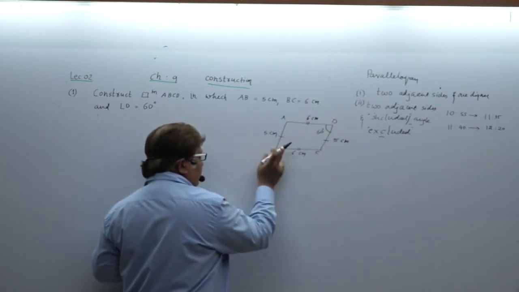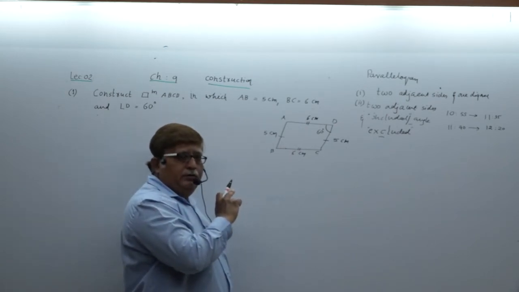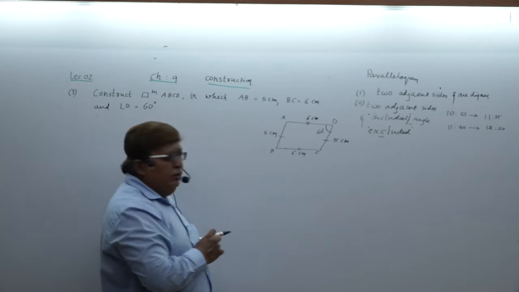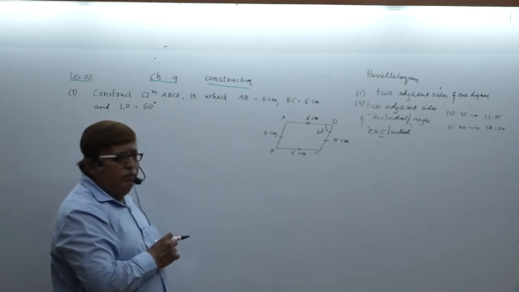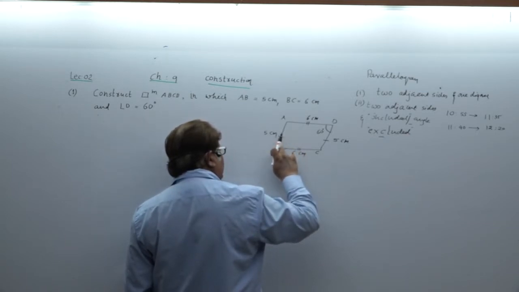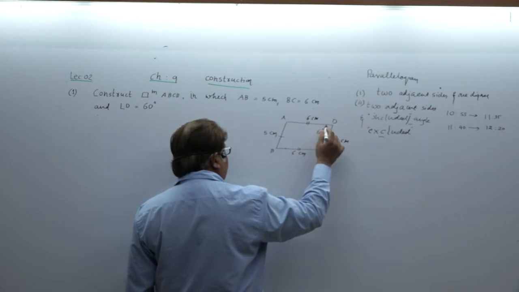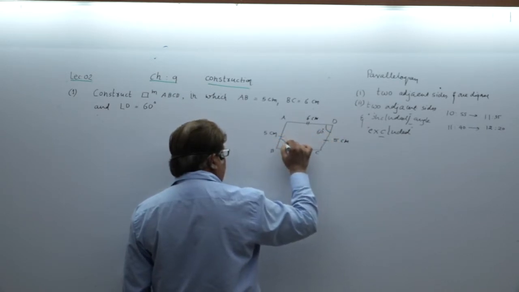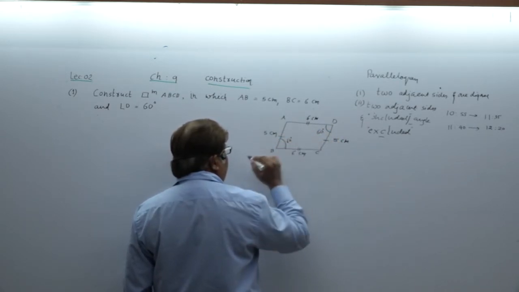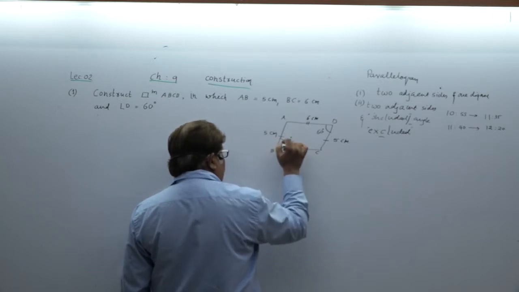So first property of parallelogram you have already utilized in constructing a simple parallelogram. Now second property, opposite angles are congruent. So if D is 60 degree, B is also 60 degree. Here, when you are targeting the two sides AB and BC, this is called included angle.